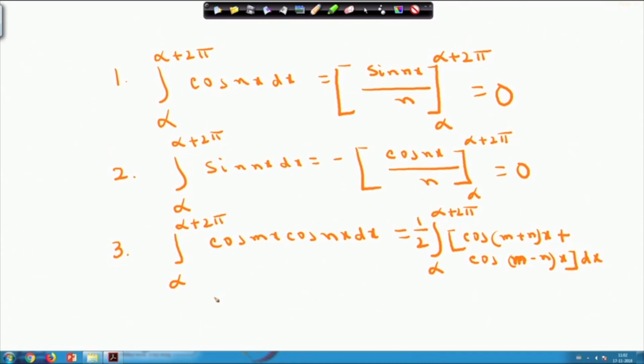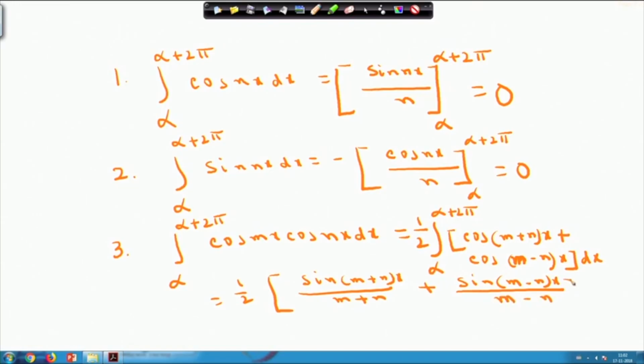If you integrate this you will get half into sin (m plus n) x by (m plus n) plus sin (m minus n) x by (m minus n), where the limit is alpha to alpha plus 2 pi, and this value is equal to 0 for m not equal to n. So, please note that the integral of cos mx cos nx dx from alpha to alpha plus 2 pi is 0 for m not equal to n.